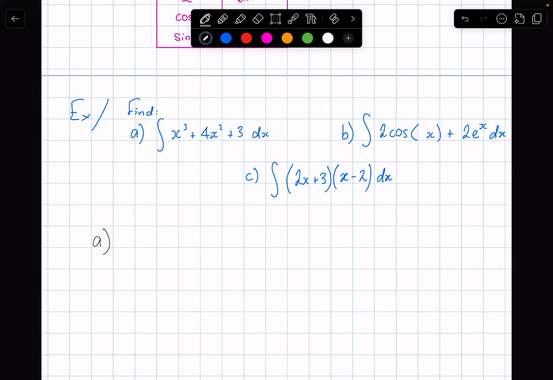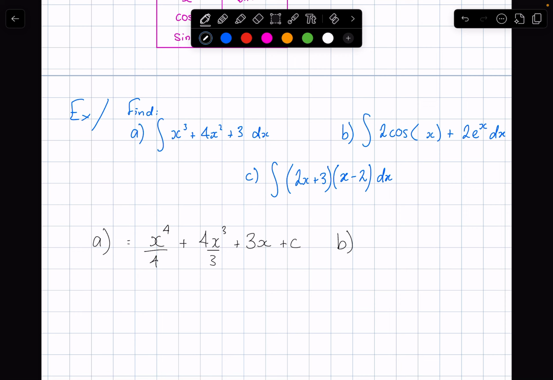So instead of splitting it up, I'm just going to find the integral. So x, now it's to the power of 3, so I'm going to make that to the power of 4 and divide it by 4. So you add 1 to the power, divide by the new power. Plus 4x, 2 becomes a 3, and I divide by 3. Plus 3, because it's a constant, I put the x with it, and plus c on the end. It's as simple as that.